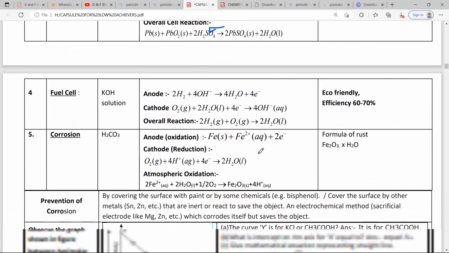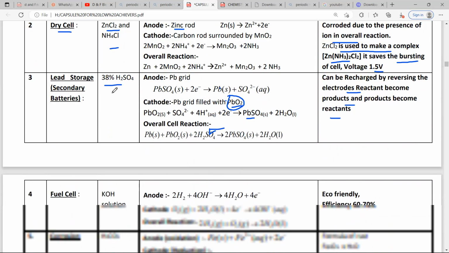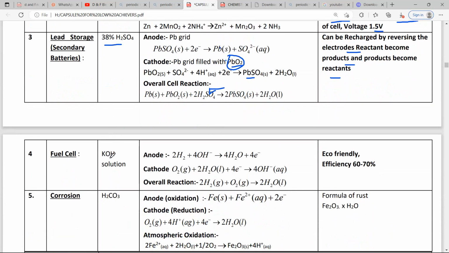And another thing is fuel cell. In the fuel cell, the important thing is we have to use KOH solution here. A fuel cell means we have to provide hydrogen and oxygen put together. At the anode, what happens? The hydrogen combines with the OH- ions from the water. In the center, water will be there. On one side, at the anode we are passing the hydrogen and at the cathode we are passing the oxygen.